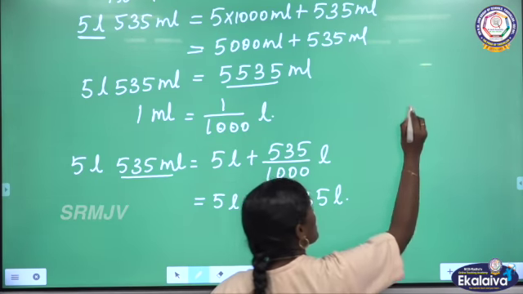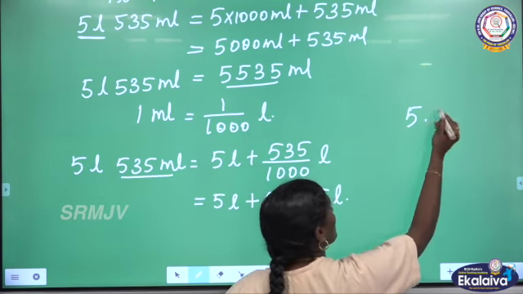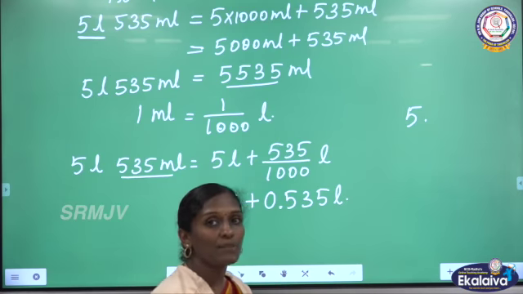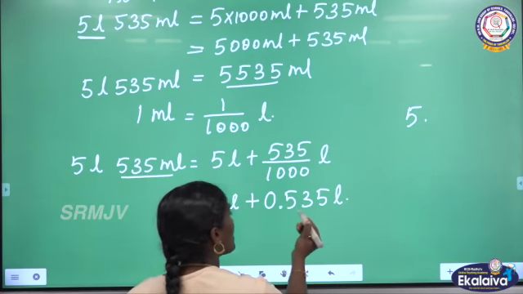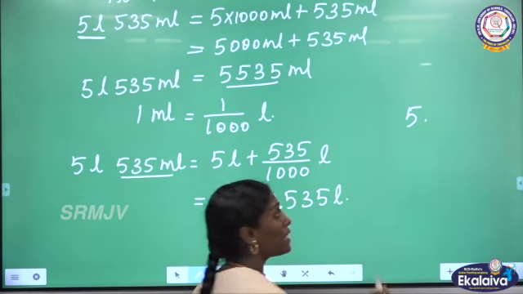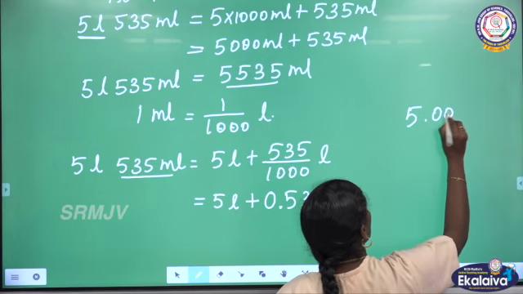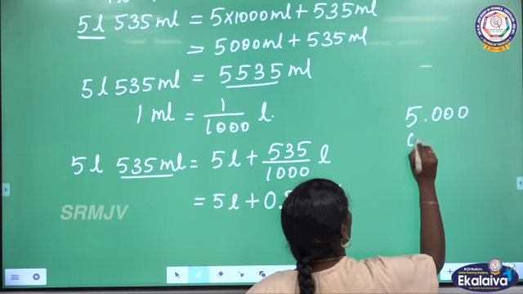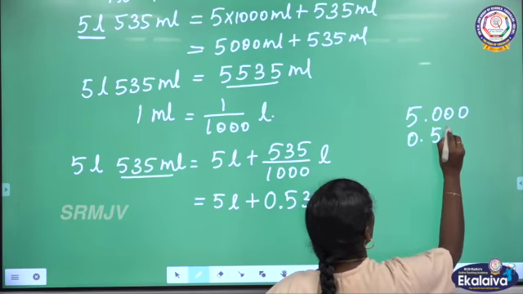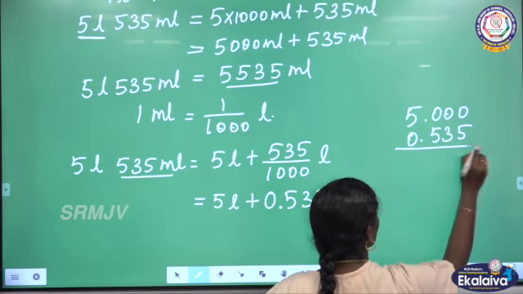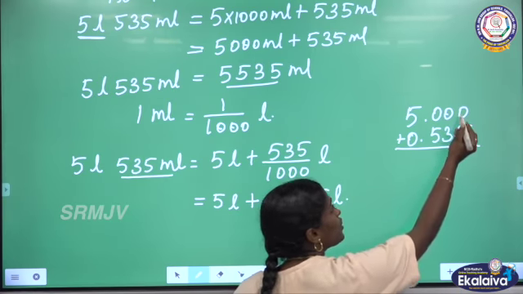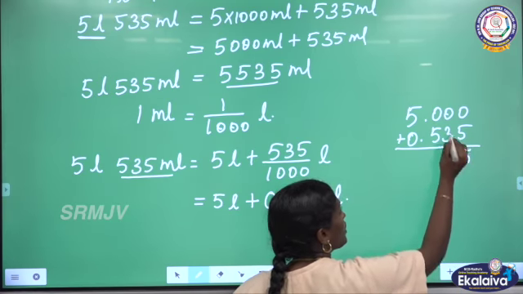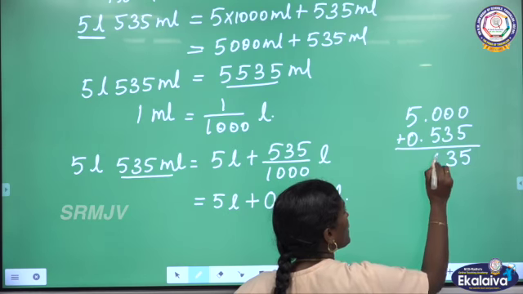Now we are going to add these two. Here 5 is the whole number. Whole number means the decimal part is 0. Here in the second one, we are having 3 decimal places. So I am going to add 3 zeros here. Then 0.535. Now we have to add these two. 0 plus 5, 5. 0 plus 3, 3. 0 plus 5, 5.